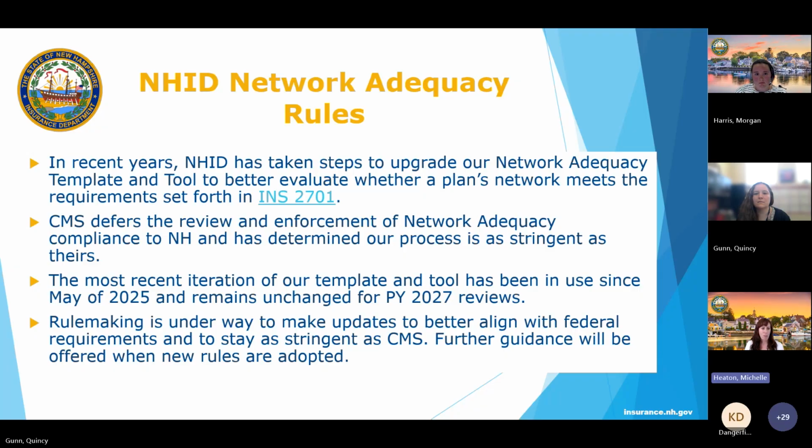As we undertook that work, we updated our tool, and the most recent iteration we first implemented last year in May of 2025 for plan year 26. From plan year 26 to plan year 27, there have been no changes to the rules, but we wanted to take this opportunity to walk through the tool and the template and how everything works again, just so that everyone is up to speed in advance of next year's filings coming in.